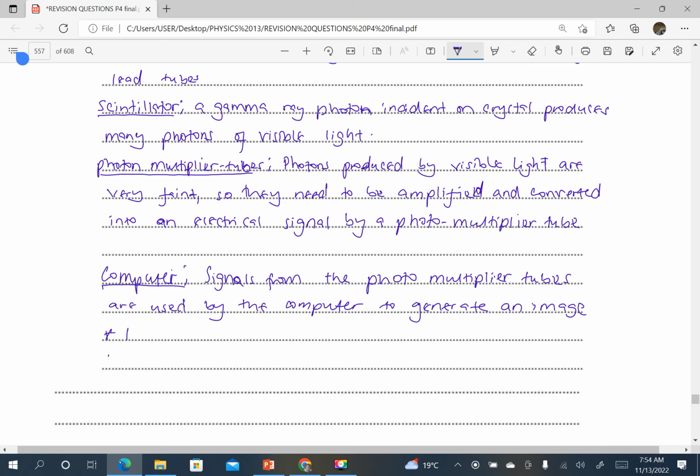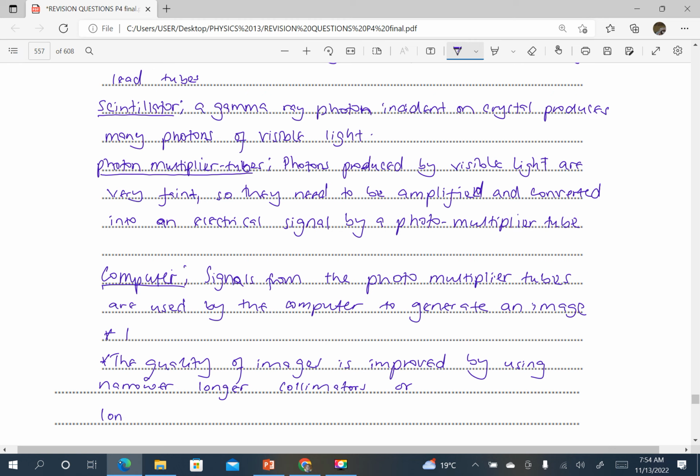So we can simply conclude that the quality of images is improved by using narrower, longer collimators, or using longer scanning time.